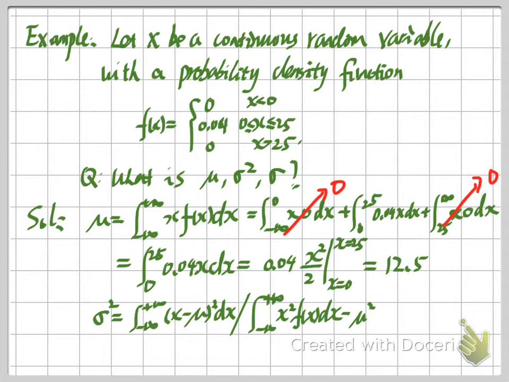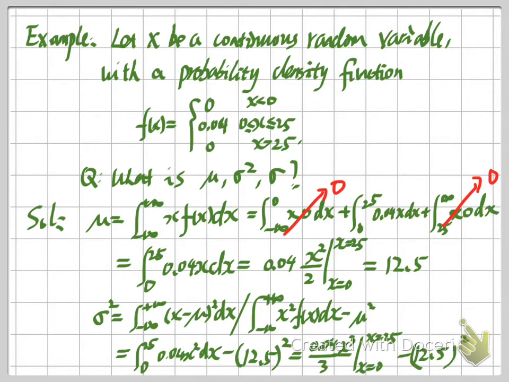To compute this, by our knowledge of calculus, this is equal to the integral from 0 to 25 of x squared times 0.04 dx, minus the square of 12.5. By our calculus knowledge, we know this looks like this equation, because the integral of x squared is x cubed over 3, right?